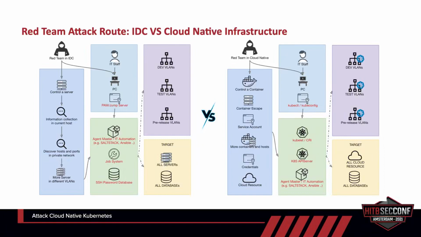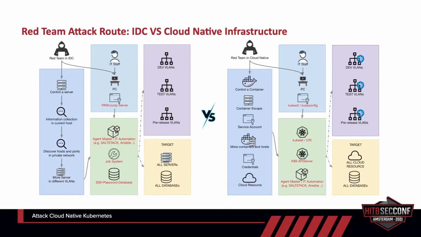On the other hand, the methods of attacking personal computers in the office network are similar to the traditional skills, but the lateral movement from PC to production network will be very different. In IDC, staff usually depend on PAM, Jumpserver, and other devices that use SSH to log in and manage servers.